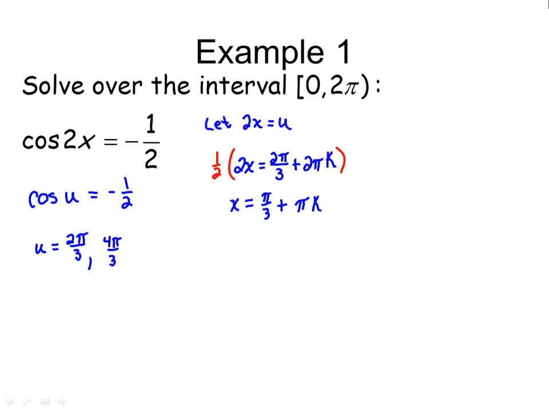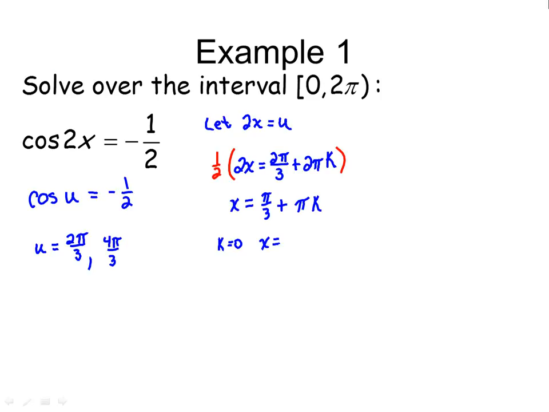Now, what is that k? K is going to tell me where that cosine 2x is going to hit. So let's pretend that k is equal to 0. If k is equal to 0, what is x going to be equal to? Do some math.